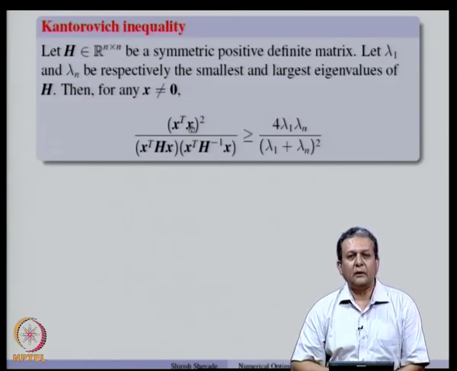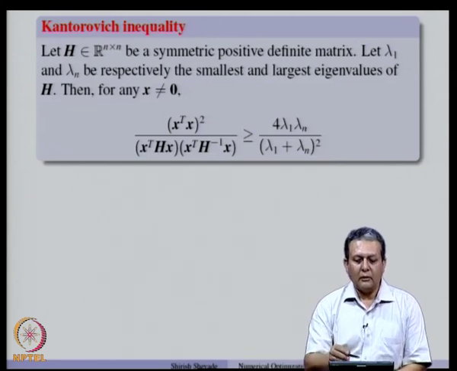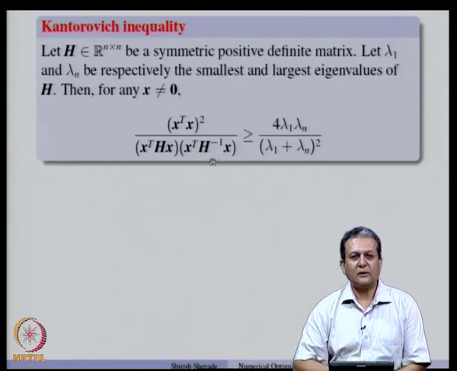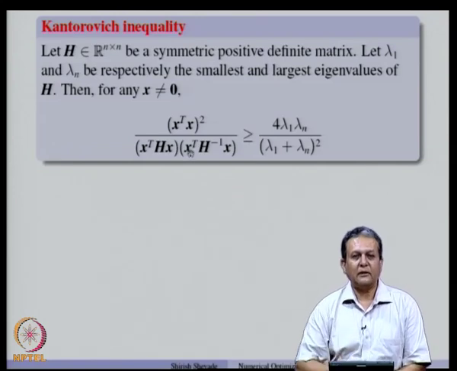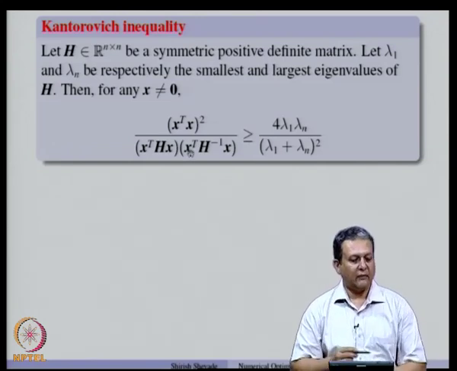For that proof we require some knowledge about how to solve a constrained optimization problem. So, let us postpone the discussion on the Kantorovich inequality till we study something about constrained optimization problems. For the time being, let us assume that this inequality holds and we can use it for our purpose.